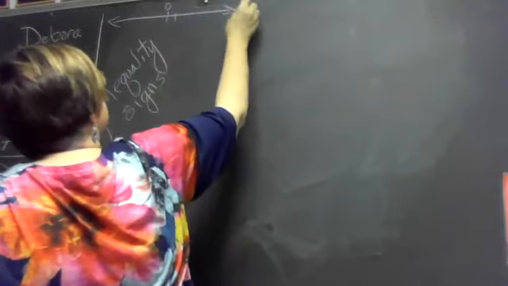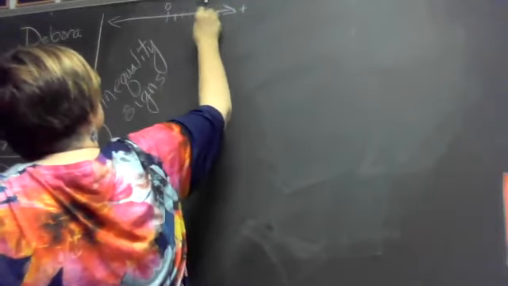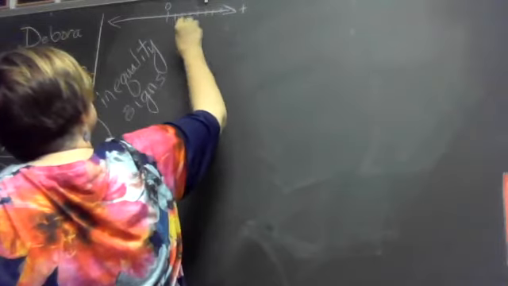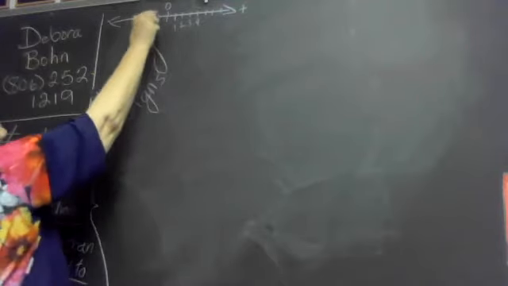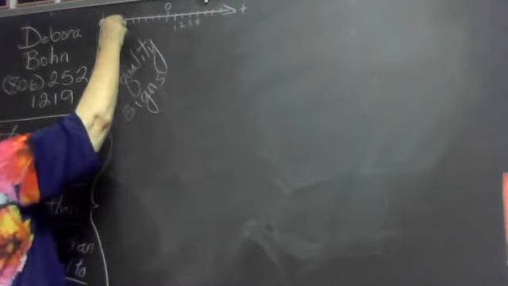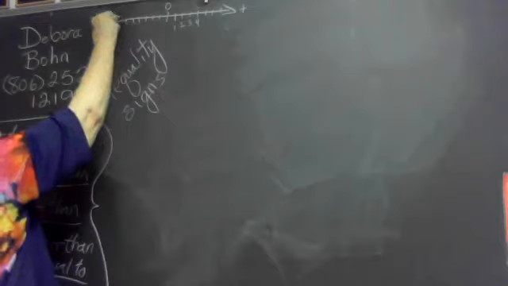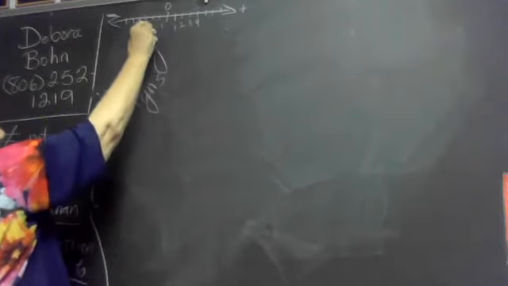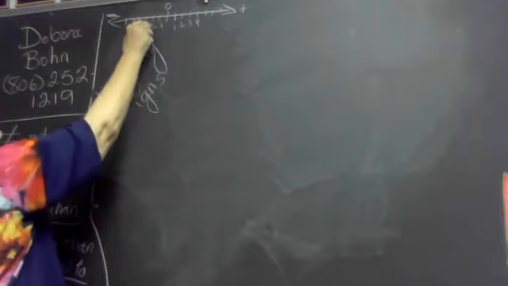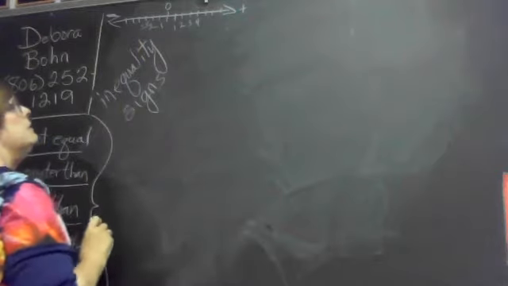They're positives, okay? 1, 2, 3, 4, and so on. Everything to the left of the 0 are all negative numbers. -1, -2, -3, okay, and so on.